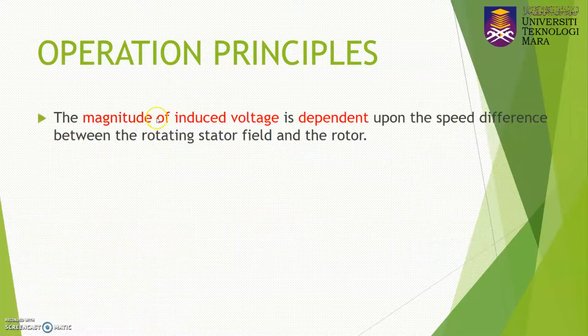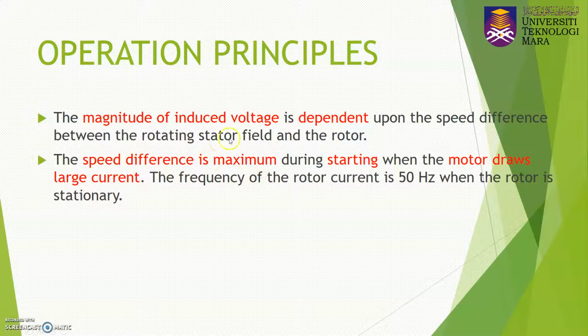Next, the magnitude of the induced voltage in the rotor depends on the speed difference between the rotating stator field and the rotor itself. This speed difference we call slip. The speed difference is maximum during the startup of the motor, so when you try to start the motor, it draws a large amount of current and the speed difference is maximum.